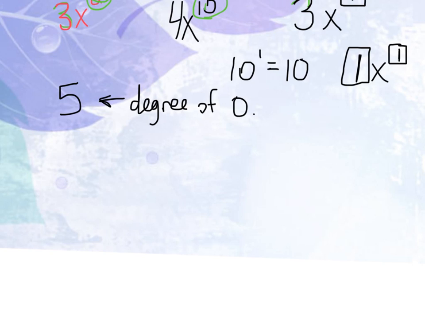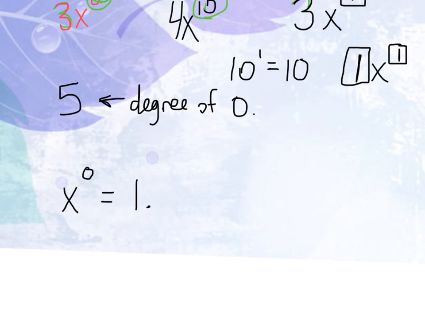If you've gone through your powers and exponents unit, you would know that anything to the power of 0 is actually 1. So if we had any number, we'll call it x, and it was to the power of 0, no matter what x was equal to, if you raise it to the power of 0, you would actually get an answer of 1.